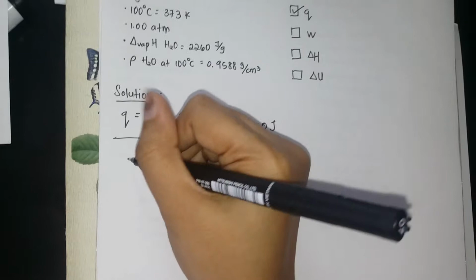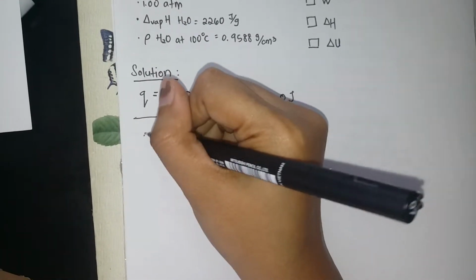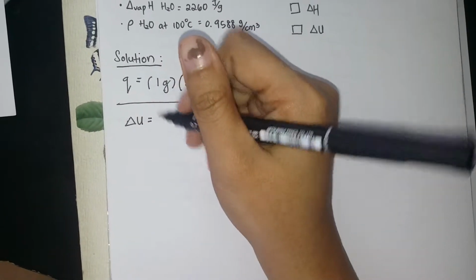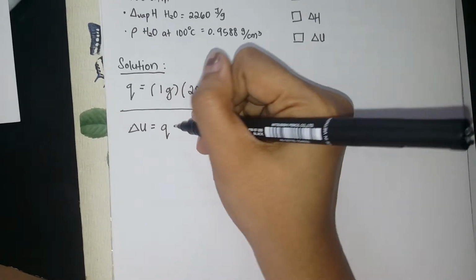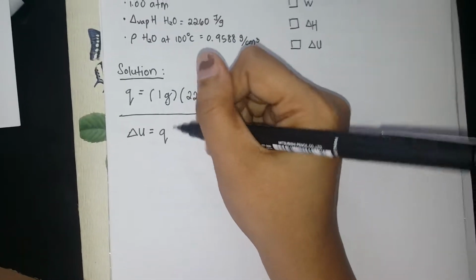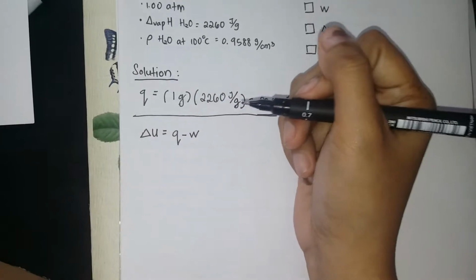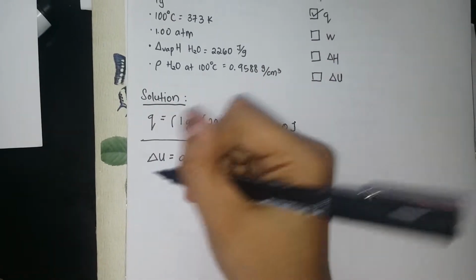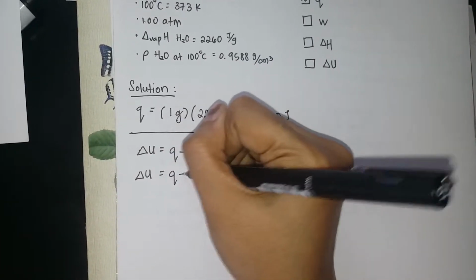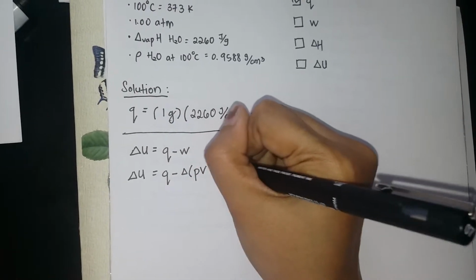Next, I'm gonna state the first law of thermodynamics equation: the change of the internal energy is equal to the heat transfer plus the work done. Now the work done here is by the system, so it's a negative sign. So the work done is also equal to the pressure times the change of the volume.